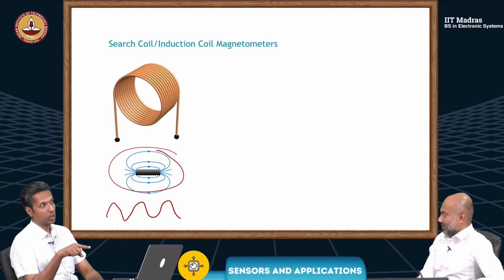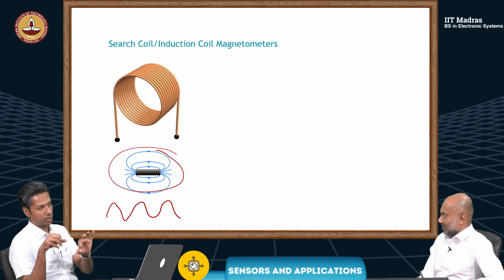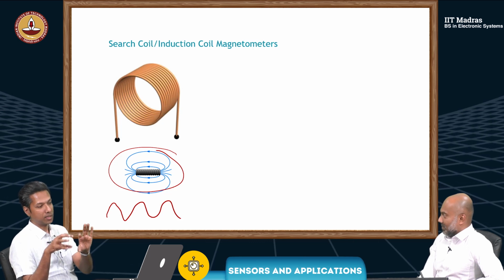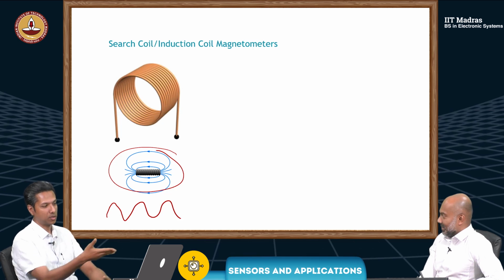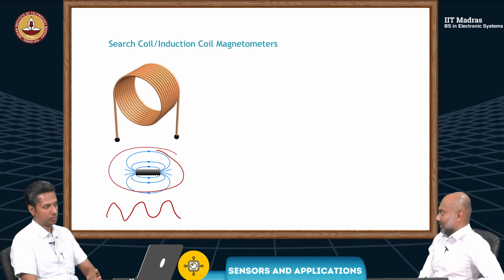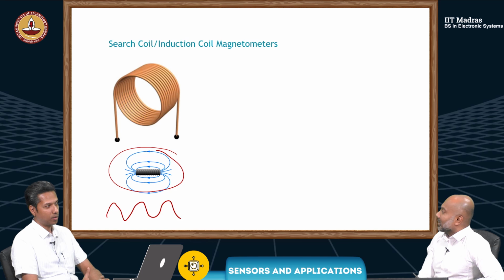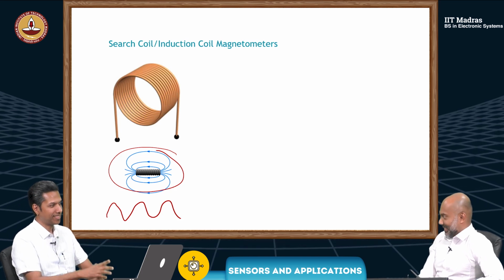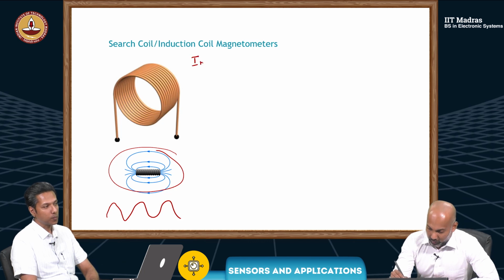Like yesterday, you explained the magnet is moving and then there's a coil. Now the magnet is physically fixed, but it is excited using a sinusoidal current. There's a time varying magnetic field. So it could also just be a simple coil. So there is a ∂B/∂t. That means we are talking about the induced voltage.